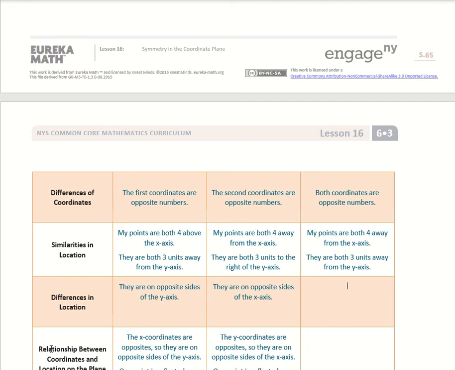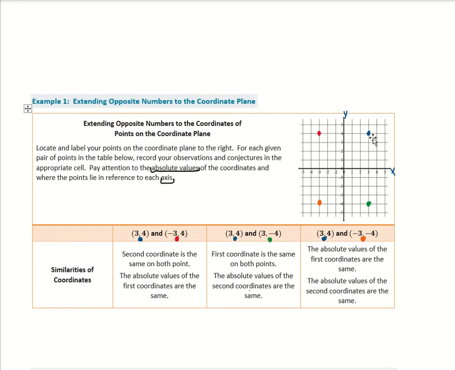Now, instead of saying they're on the opposite side of the y-axis or on the opposite side of the x-axis, I'm going to say, didn't make that bigger, it's my mistake, they are on opposite sides of both axes. On the opposite side of the y-axis and on the opposite side of the x-axis.